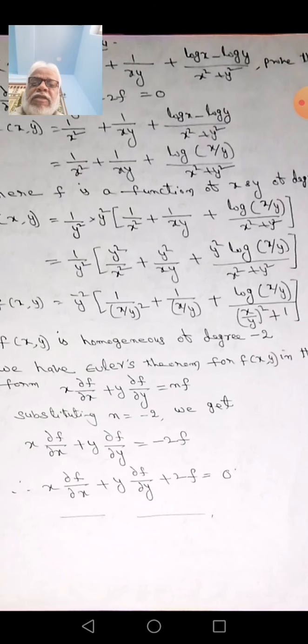This will come 1/(x/y)² + 1/(x/y) + log(x/y)/((x/y)² + 1).